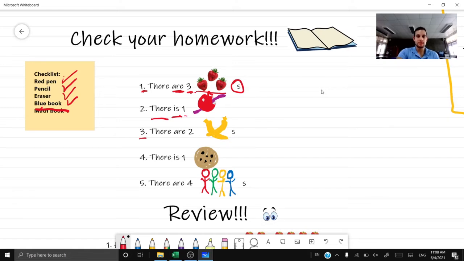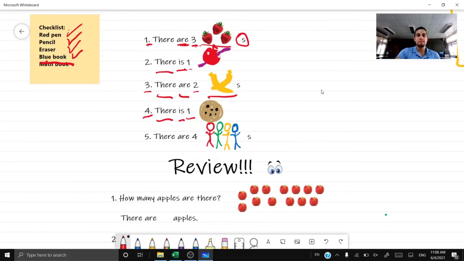Number 3 says, there are 2 bananas. Number 4 says, there is 1 cookie. Now, number 5. This was a tricky one because we don't know what these are exactly, but there are 4.